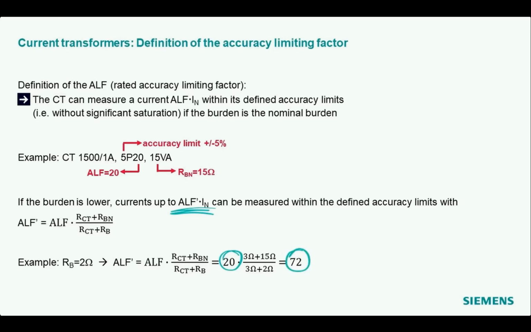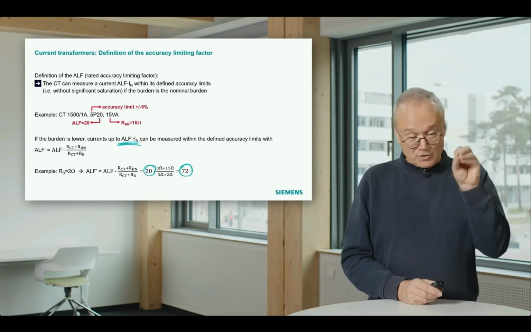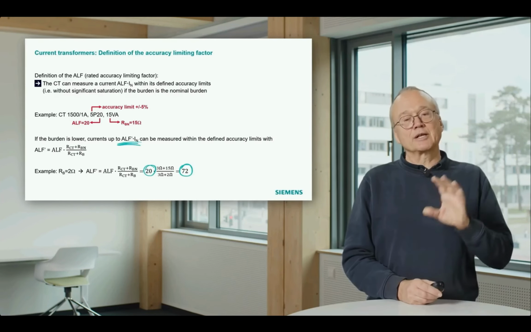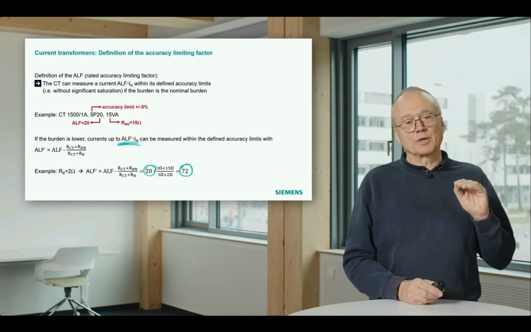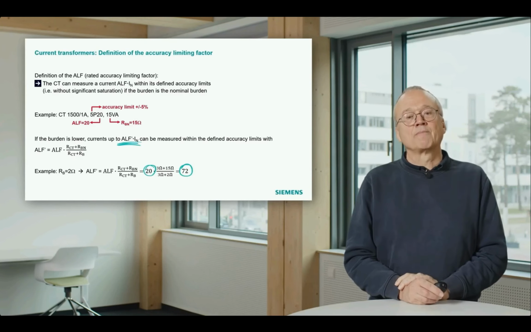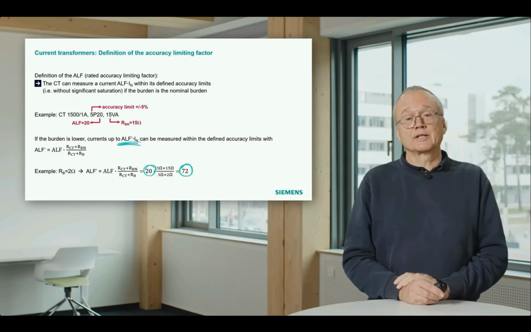That means if we run our current transformer, which has the saturation point at rated burden at 20 times nominal current, with the reduced burden of only 2 ohms, we can measure steady state 72 times nominal current without significant saturation.